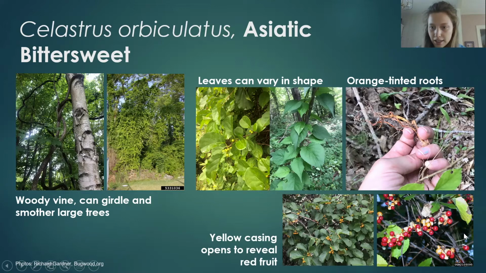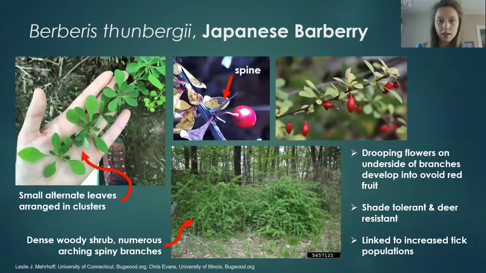And then even later in the fall, those orange or yellow casings open up to reveal these really bright red fruits. So they're very distinctive at that time of year. So that's Asiatic bittersweet. It is quite widespread. It's definitely not an early detection, early response species. It is a widespread species.